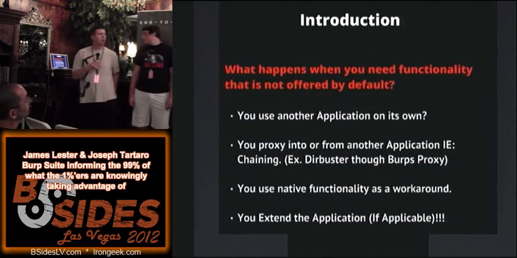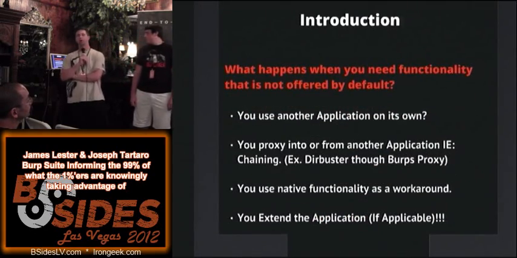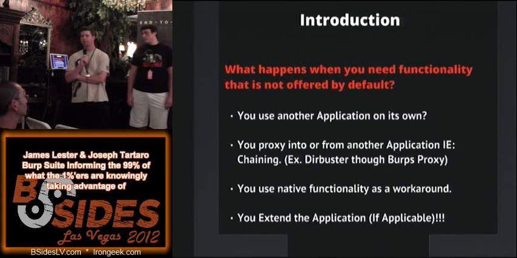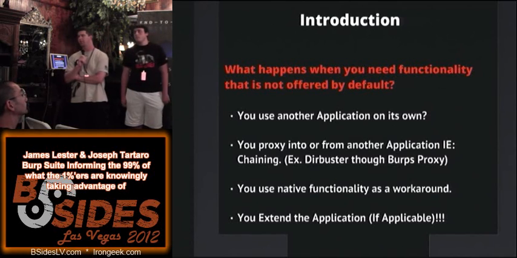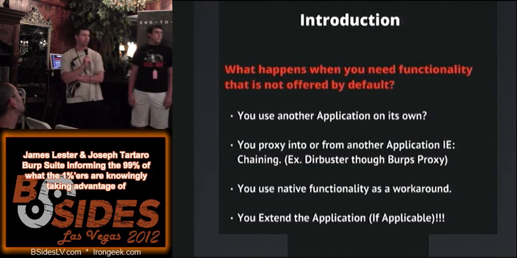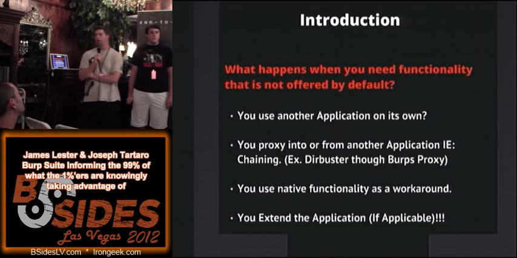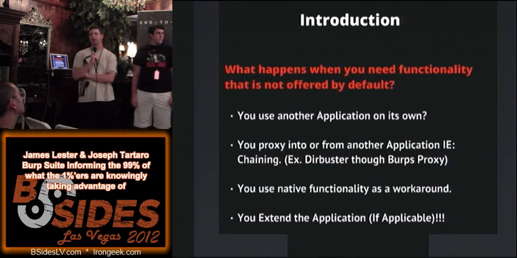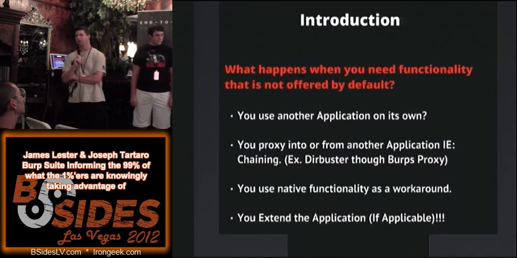So, what happens when you're using Burp Suite and you start testing web applications and you realize that there are some limitations that are preventing you from performing your test? What are your options currently? These are some I jotted down.